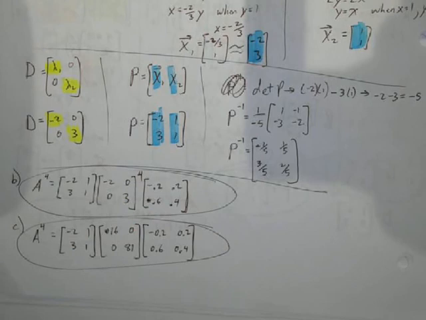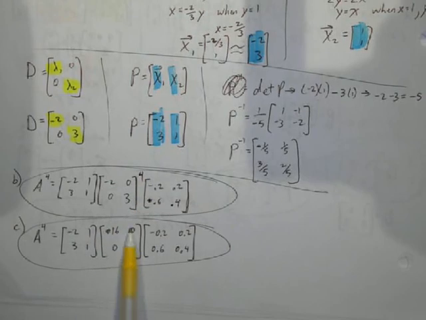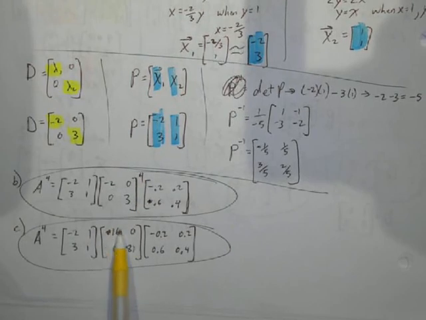And when you've got a diagonalized matrix to a 4th power, you can simply raise each term here to that power. And that is it for this lesson. I know this one's a little longer, but there you go.